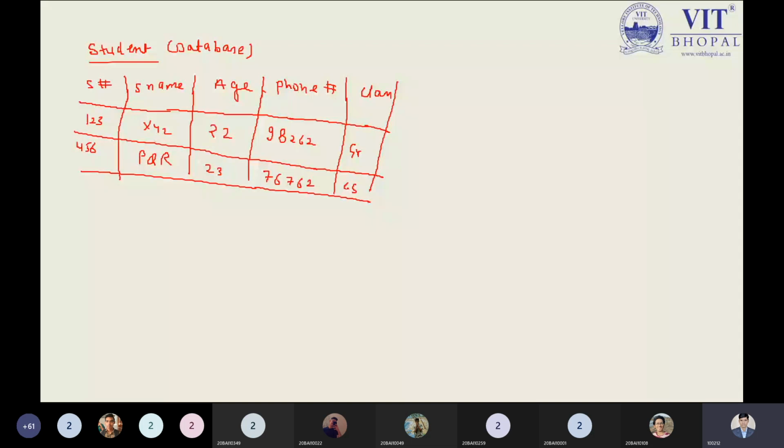So at what level do we have the data? At the physical level, the structure of the student database will be managed.